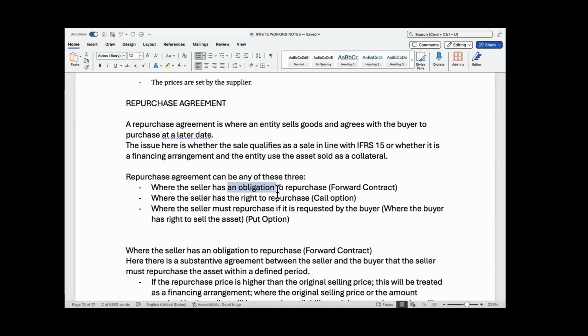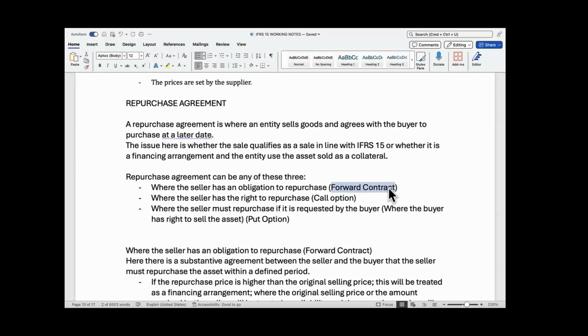He must buy the assets back because he has an obligation to do so. And based on the conceptual framework, an obligation is something you have no practical ability to avoid. So we call that a forward contract. You have entered into a forward, and it's a contract.